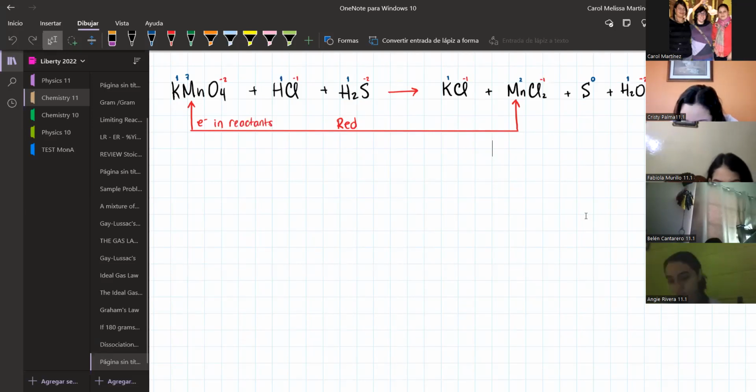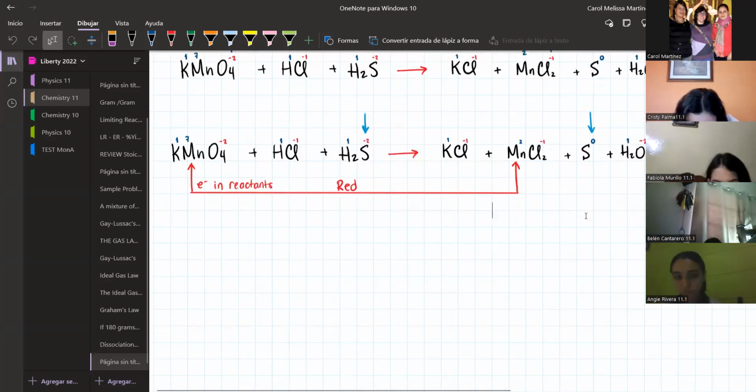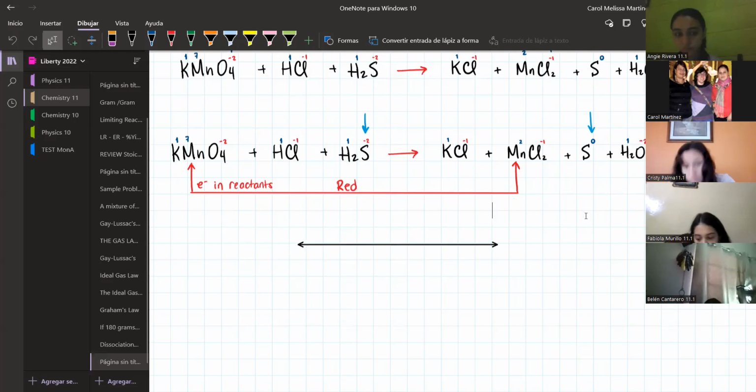Now, what element is oxidized? Sulfur. That is correct. Sulfur was here with a charge of -2, and after the reaction takes place it is 0. So in the number line, remember in math, we have a number line, okay? So this is 0, -2, -1, okay?